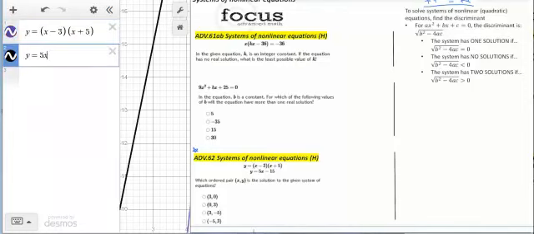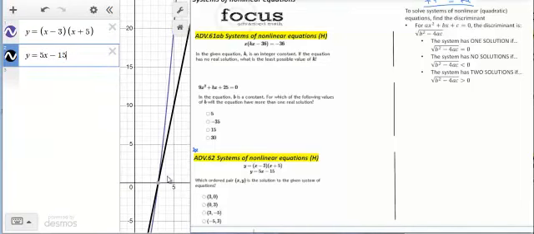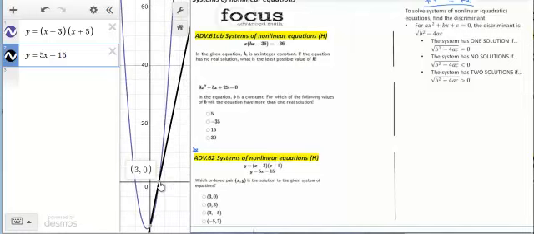Because Desmos will highlight where the intersection of graphs are. So I see one solution is right here, 3, 0. That's what I'm looking for. Here's my other solution, 0, negative 15. So 3, 0 is the one that would give me my correct answer.